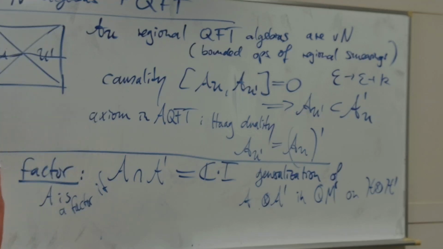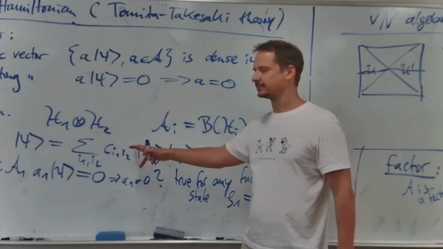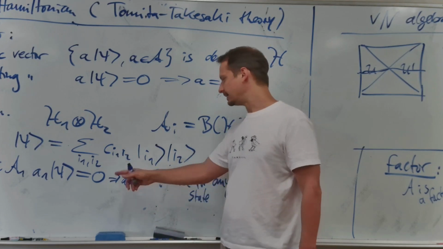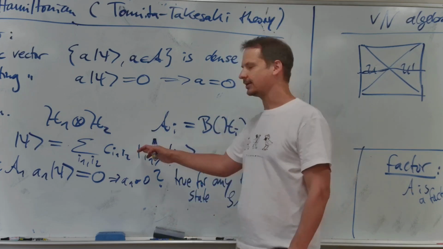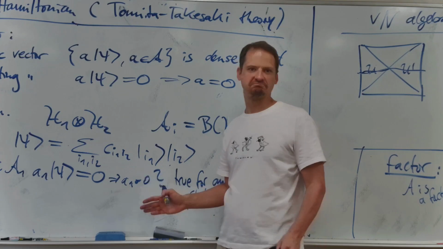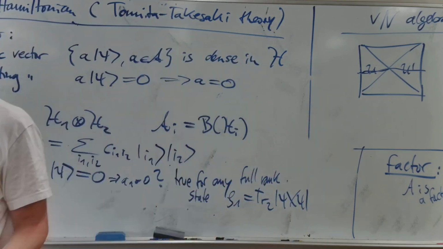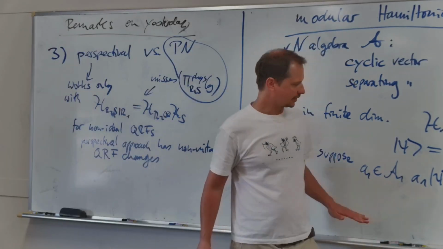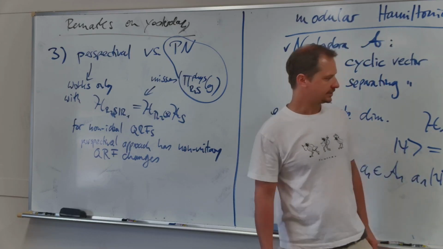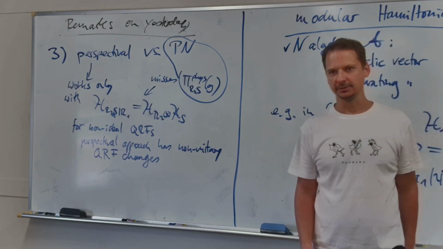Because otherwise, if it wasn't full rank, of course you can have any bounded operator that only acts on the basis elements on which this state doesn't have support. And you get 0, and the operator is not 0. So to necessarily be able to infer this condition here, one needs to have that row 1 has to be a full rank state.